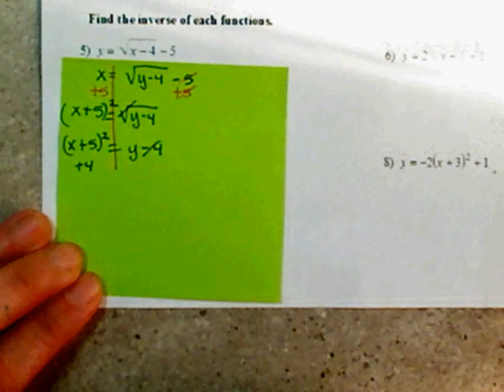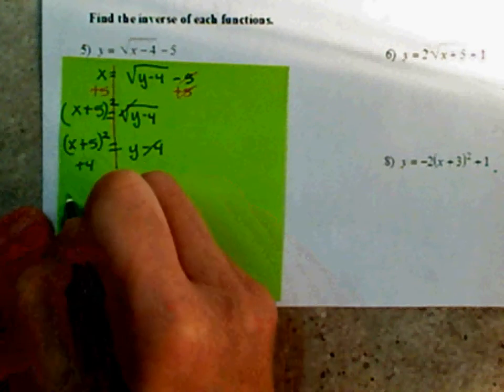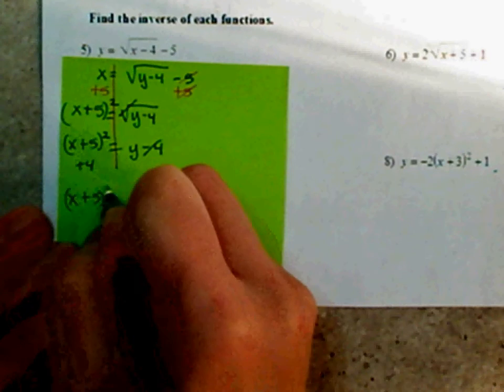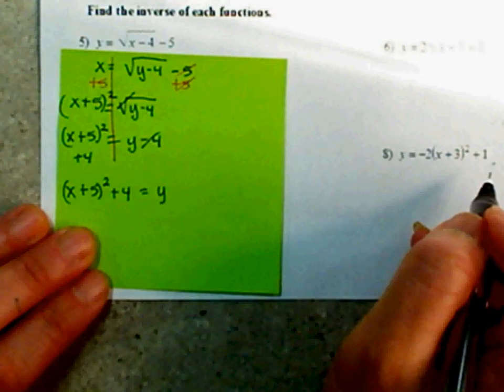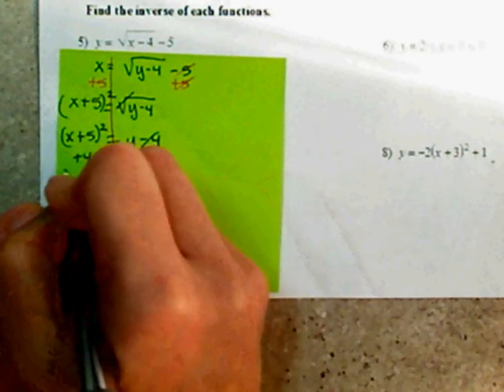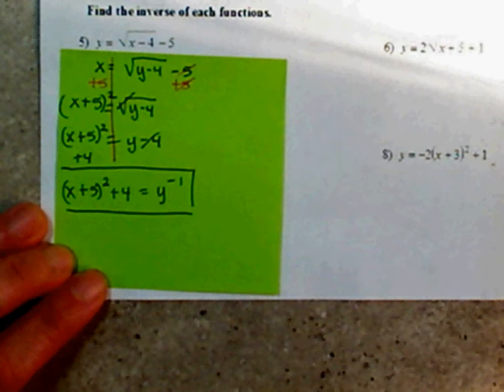So if that helps you, then do it like that, okay? So now you got x plus 5 squared plus 4 equals y. Now what? Minus 1. You're done. Good job. Good. Okay?